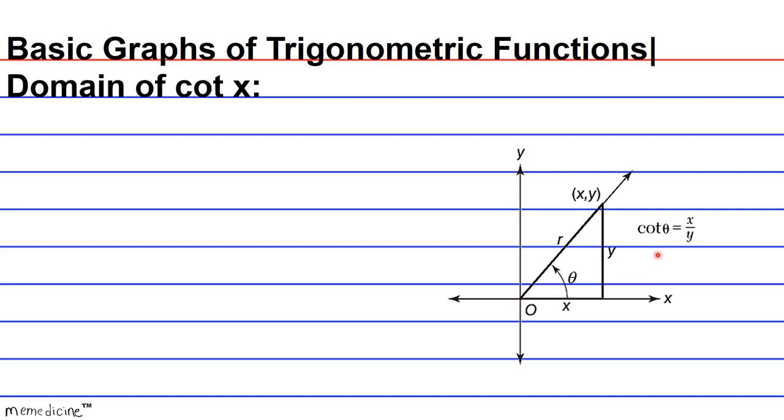So the cotangent of theta is going to be the x-coordinate divided by the y-coordinate. And we know that the tangent of theta, tan, is equal to the, sorry for my scribble, the y-coordinate divided by the x-coordinate.